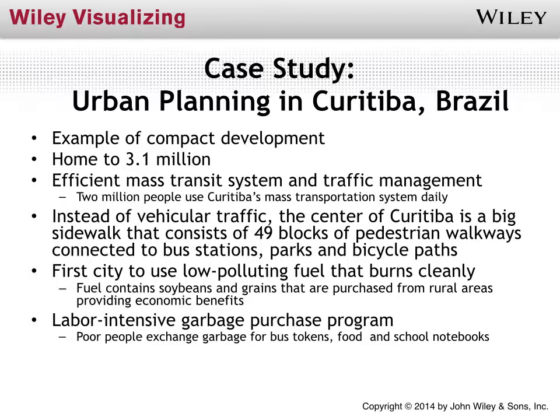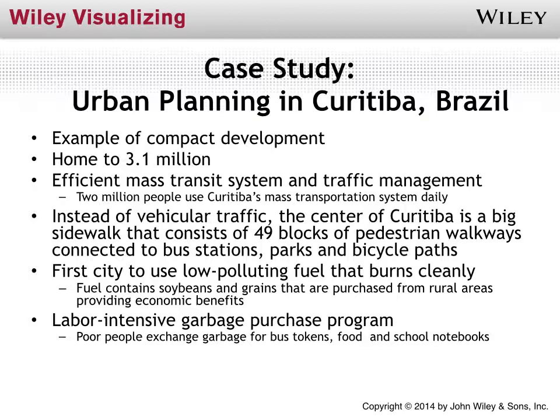It's also the first city to use low-polluting fuel that burns cleanly, biofuels. There's a whole another challenge with those that we'll talk about later. And also a labor-intensive garbage purchasing program, basically where poor people are able to exchange their garbage for bus tokens, food, notebooks for their kids to go to school, rather than just dumping it somewhere in the environment.